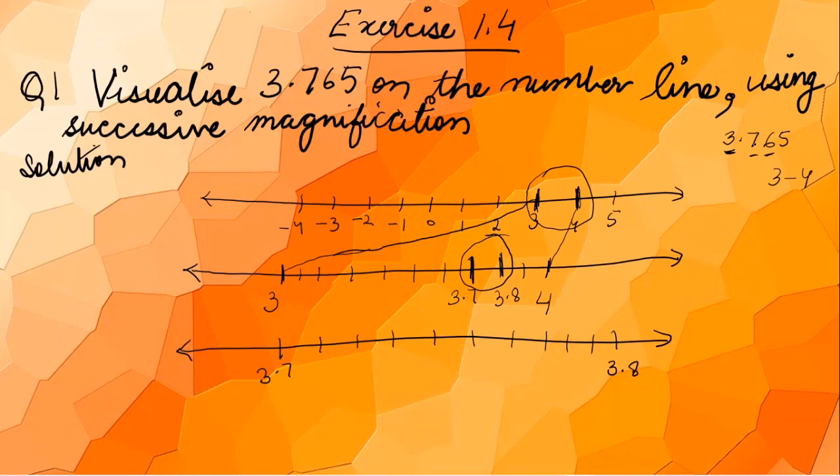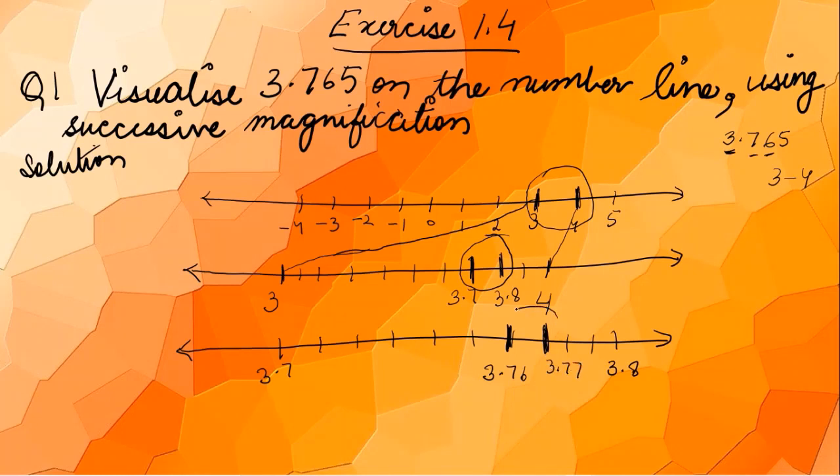Now we want 3.76, so it will be 3.71, 3.72 like this it will be. 3.71 72 73 74 75, then 76. So it is your 3.76 and this one is your 3.77.